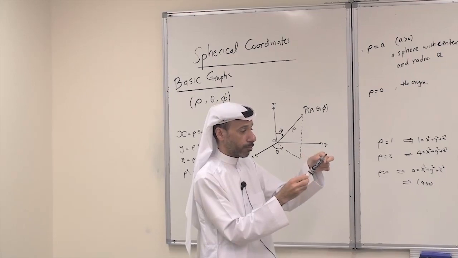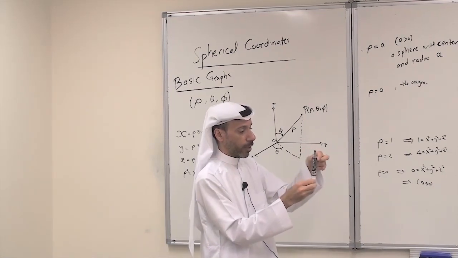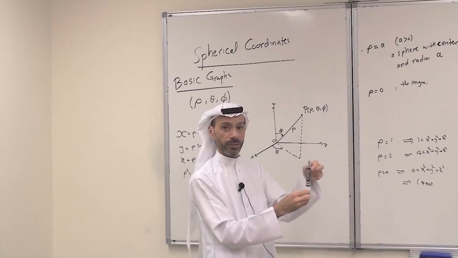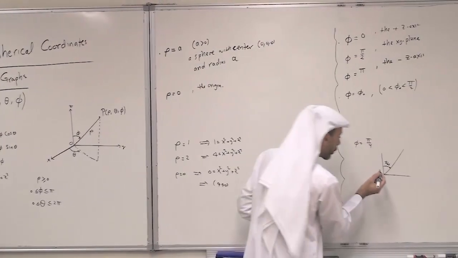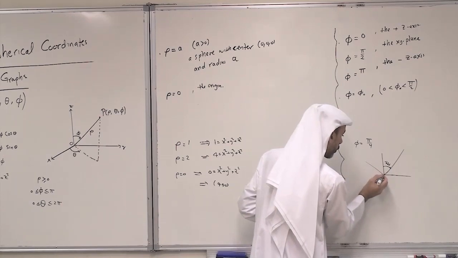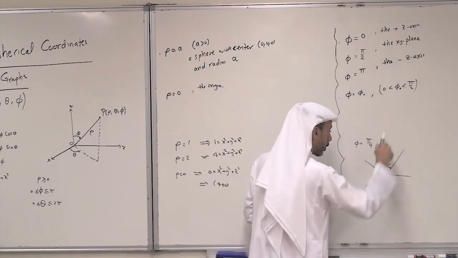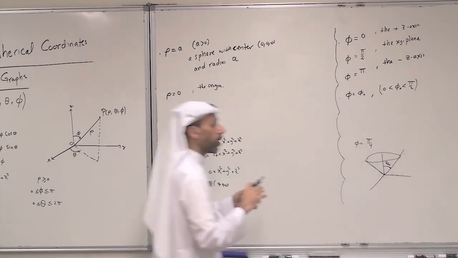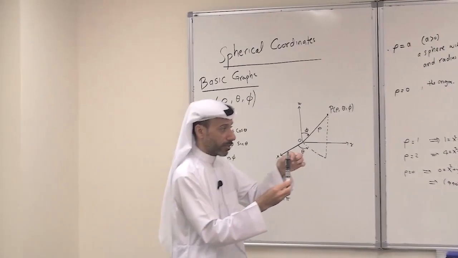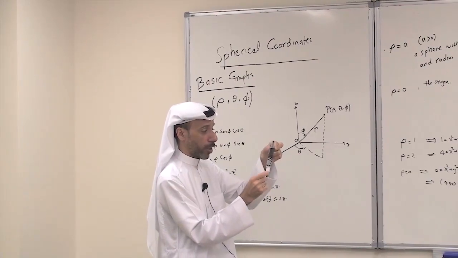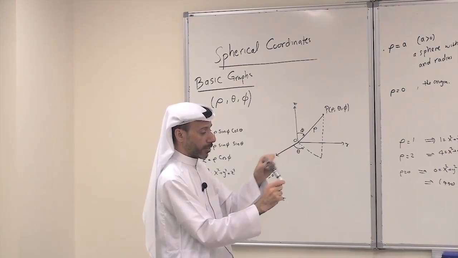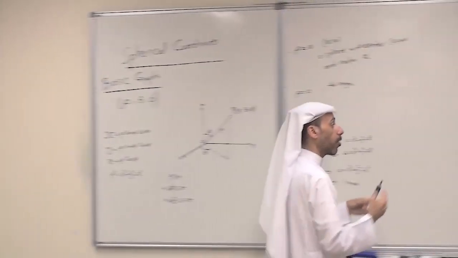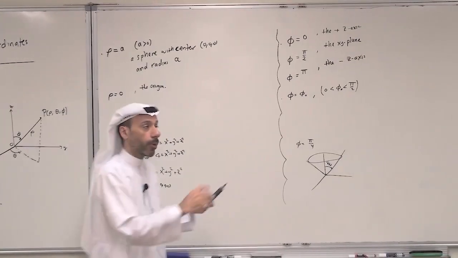You get different lines, another line, and so on. You will end up with a cone. Just a line, you rotate it pi over 4 in all directions, you get a cone, or let's say an upper cone.